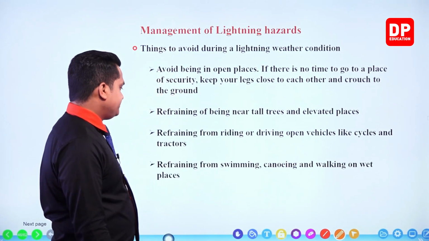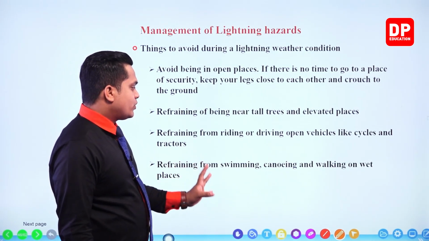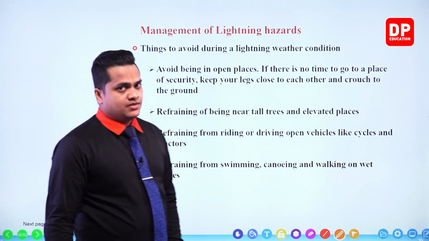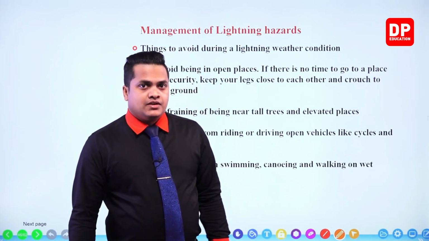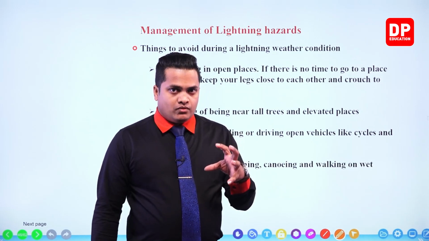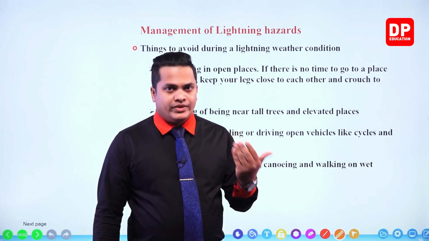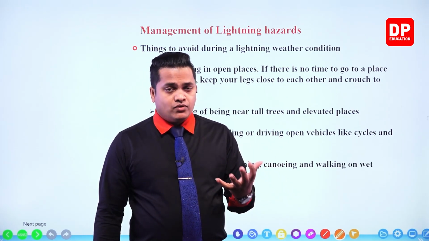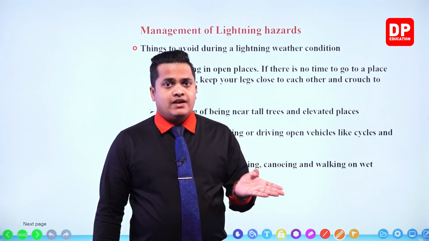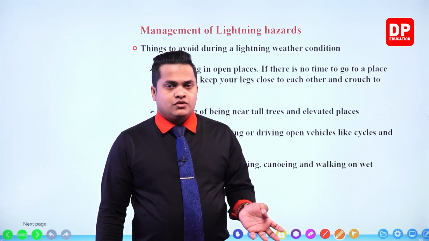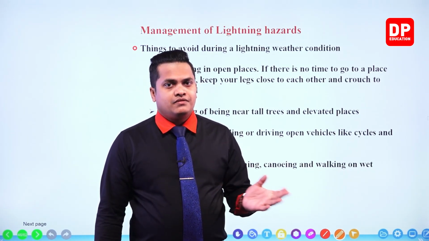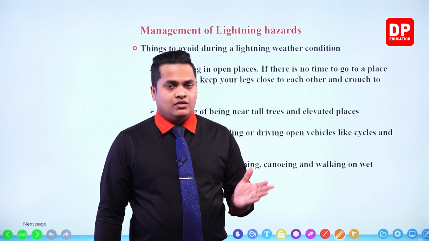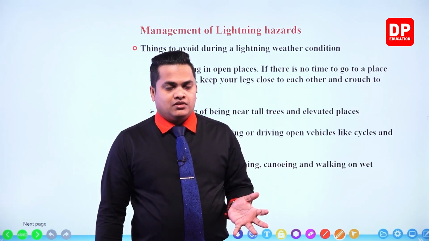Then the next one, refraining from swimming, canoeing and walking on wet places. So it's obvious, right? I told you that when there is rain, the rainwater is going to behave as a conductor. So if there is water, there is a risk of getting electrocuted, or getting an electric shock or lightning shock.